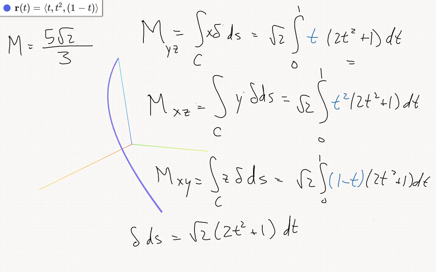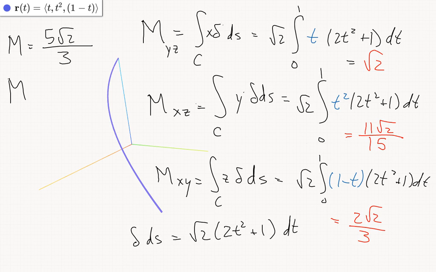So for Myz, this works out to be root 2. For Mxz, this works out to be 11 root 2 over 15. And Mxy is 2 root 2 over 3.